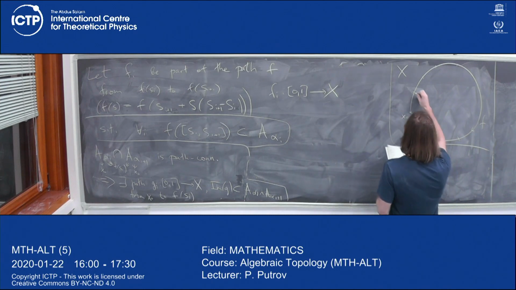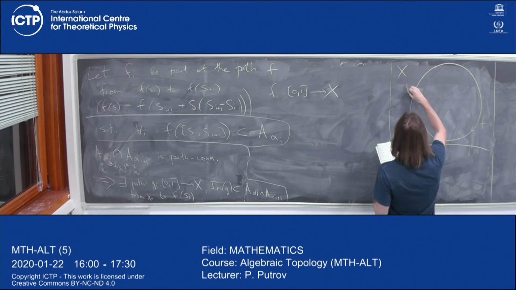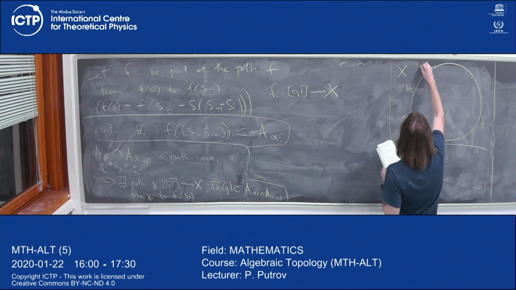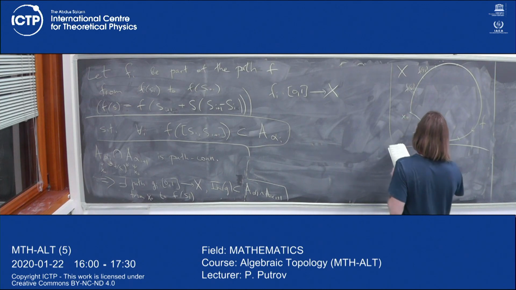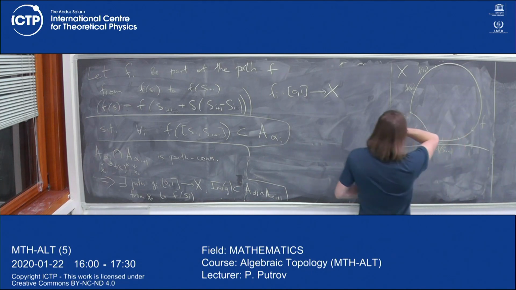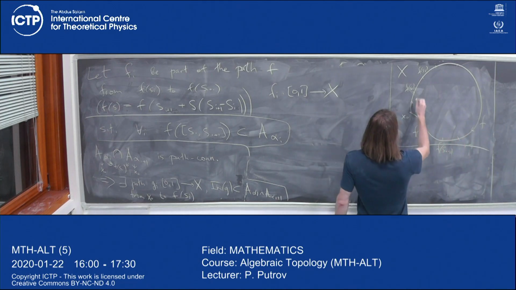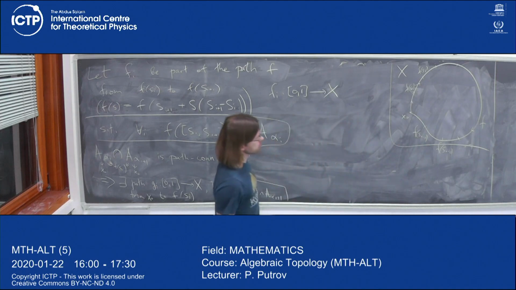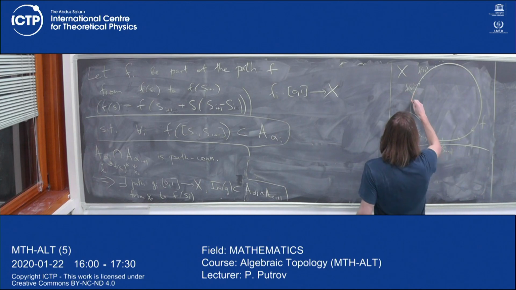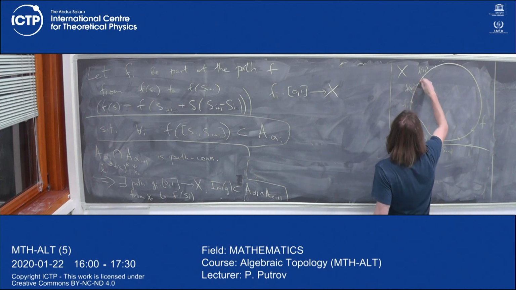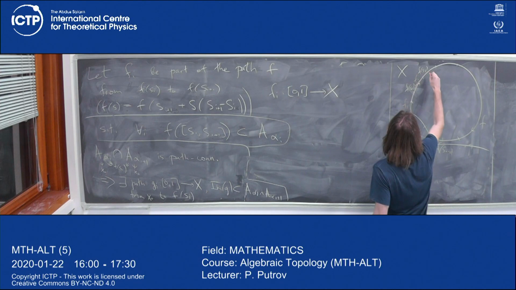So let's, for example, this is f of S1, this is f of S2, and dot dot, f of Sn minus 1. And so the splitting corresponds to the splitting of my unit interval, and so this small path denoted by F1, this small path F2, and so on.